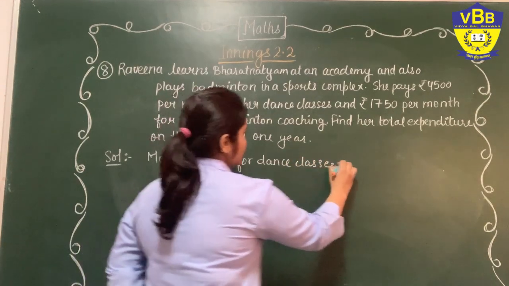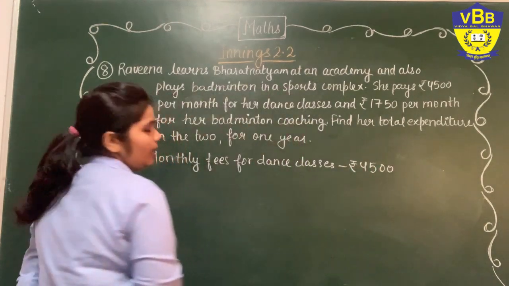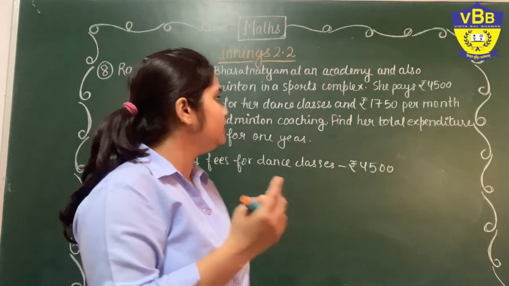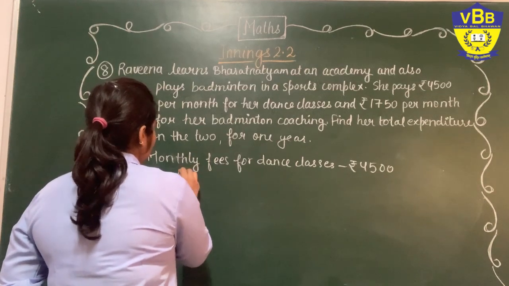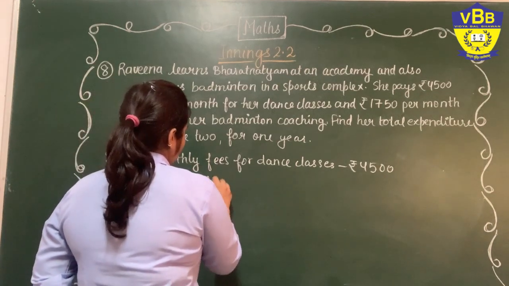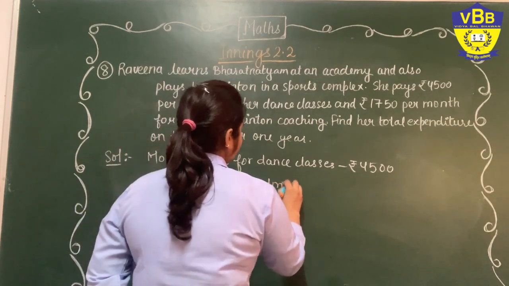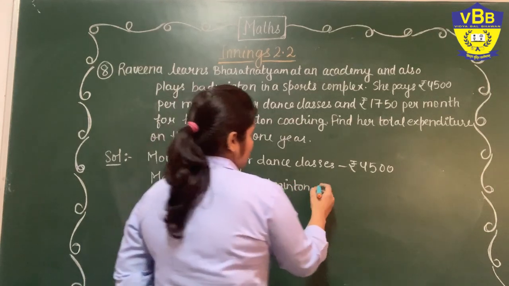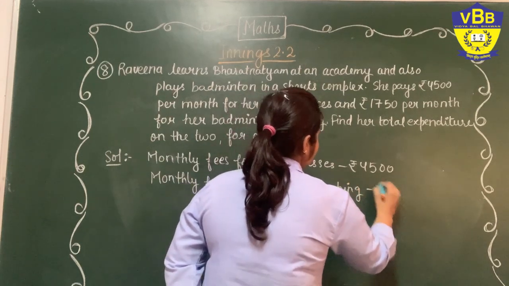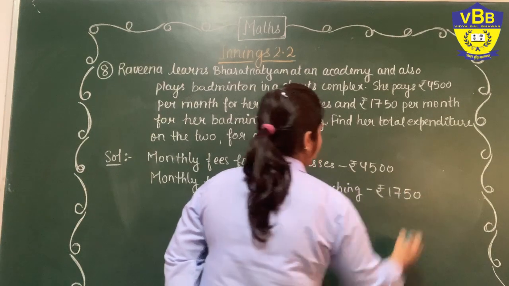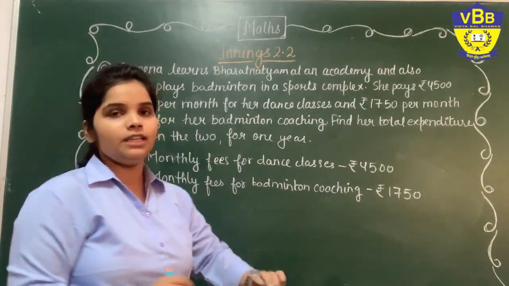Monthly fees for dance classes is rupees 4,500, and monthly fees for the badminton coaching, she is giving rupees 1,750. Now what is the total money she is giving for both the activities in a month?